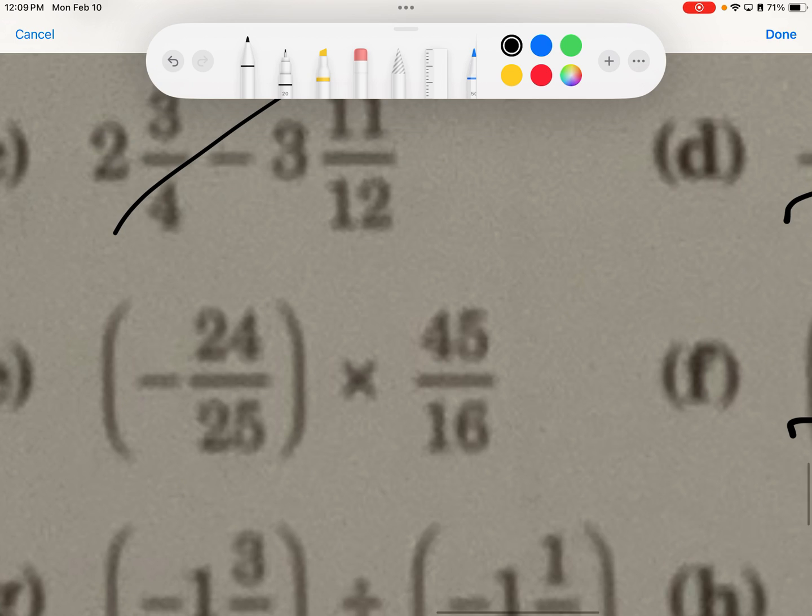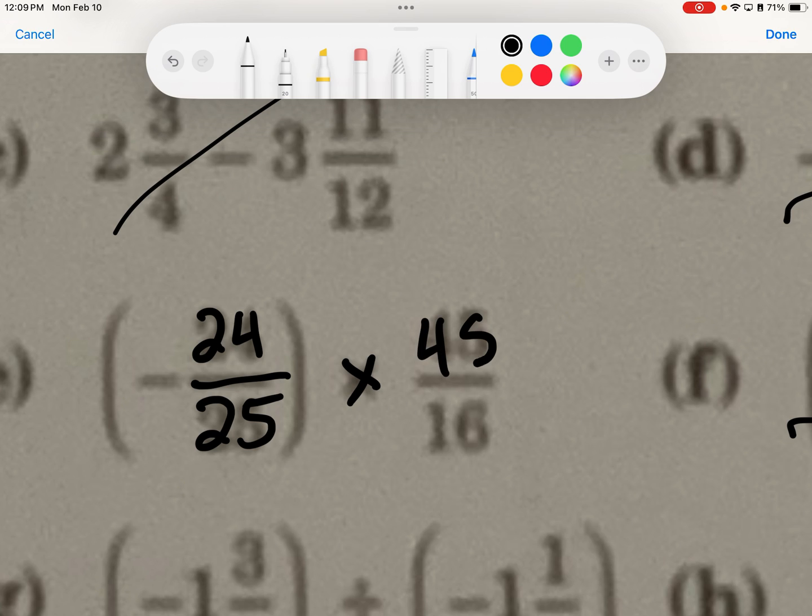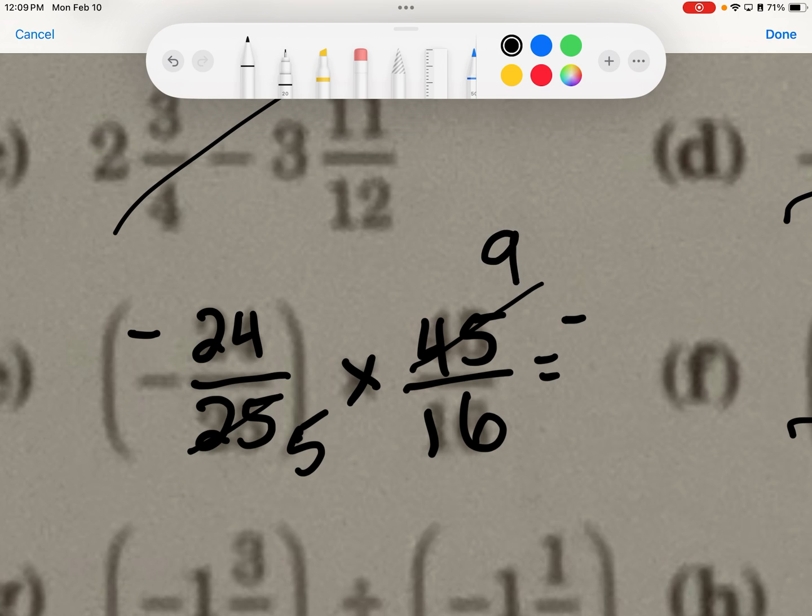All right, so let's do E here. It's 24 over 25 times 45 over 16. We have a negative, so we know our answer right away is going to be negative. So let's divide these by 5. We end up with 5 and 9.